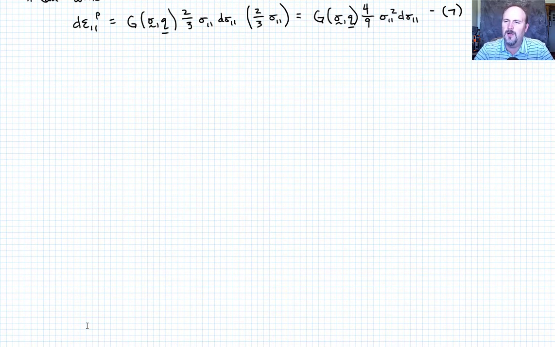So now what do we do? Well, we can use the strain decomposition on the left-hand side to write the plastic strain as the difference of the total strain minus the elastic strain.